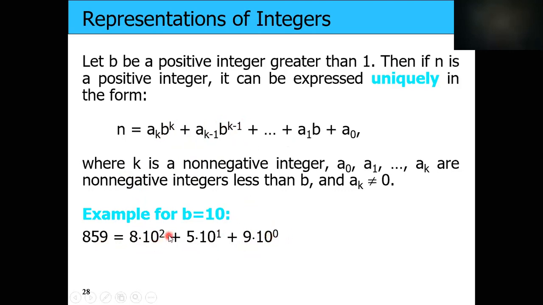So 10 to the power 2, 10 to the power 1, and 10 to the power 0. Then multiply 8 with the first, 5 with the second, and 9 with the last. This is the representation of 859 in base 10.